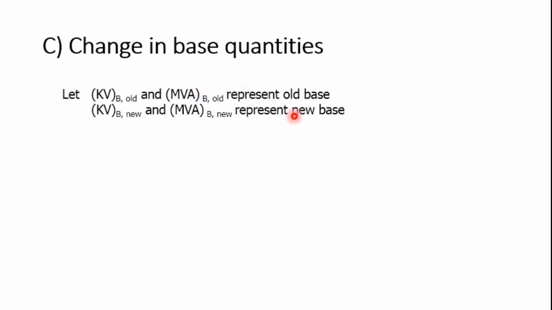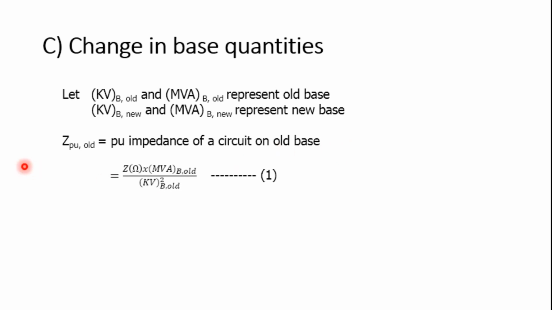Then Z per unit old is the per unit impedance of the circuit on the old base. We already know the equation: Z per unit is equal to Z in ohm into MVA base divided by kV base square.